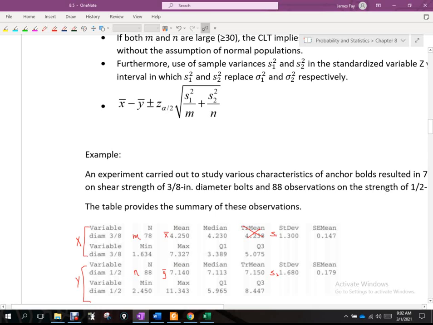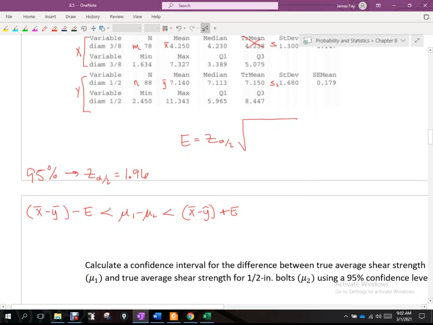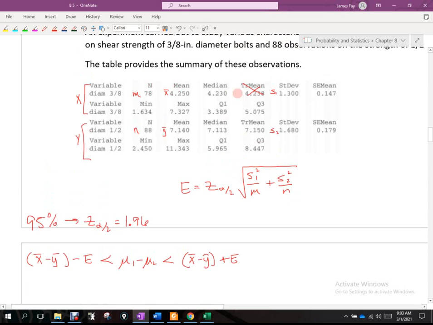Okay? So just make sure that those two things align. So I'm going to say, S1 squared over M plus S sub 2 squared over N. And now just plug the information that we gained out of our table up here.